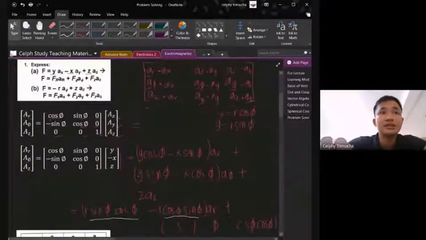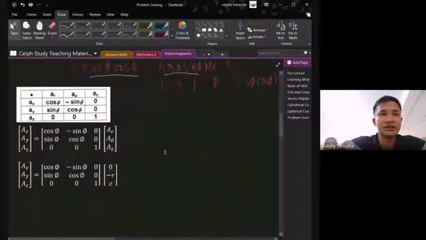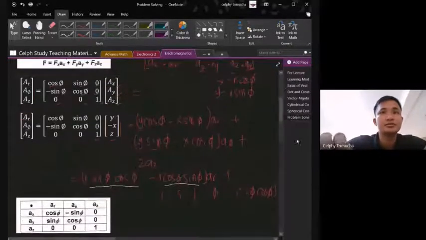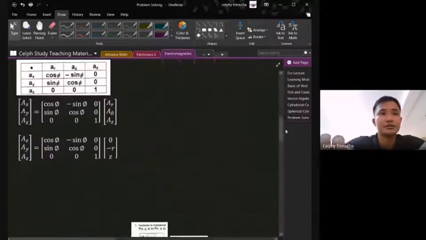So kung lantawon natin diri sa given, wala kita sang A r nga value, so 0 na siya automatic, so ang ginbutang ko dari is 0. Then, for your A phi, given man ang aton nga A phi dari, negative r, then ang aton nga z is equal to z man. So, negative r and z.